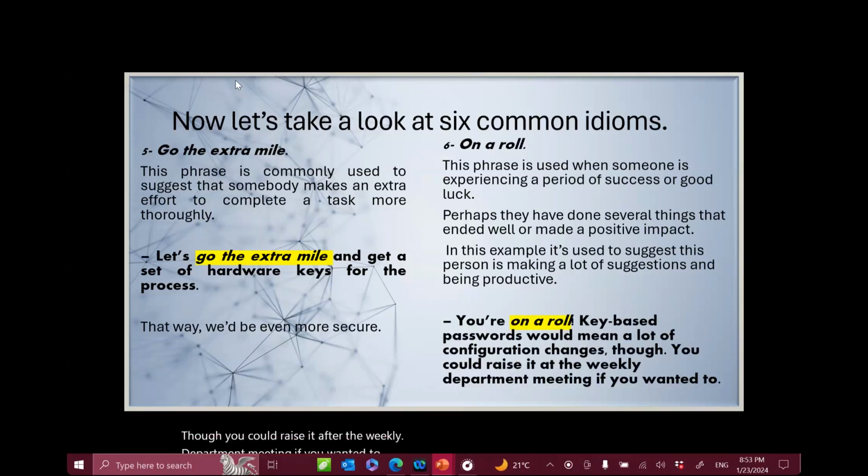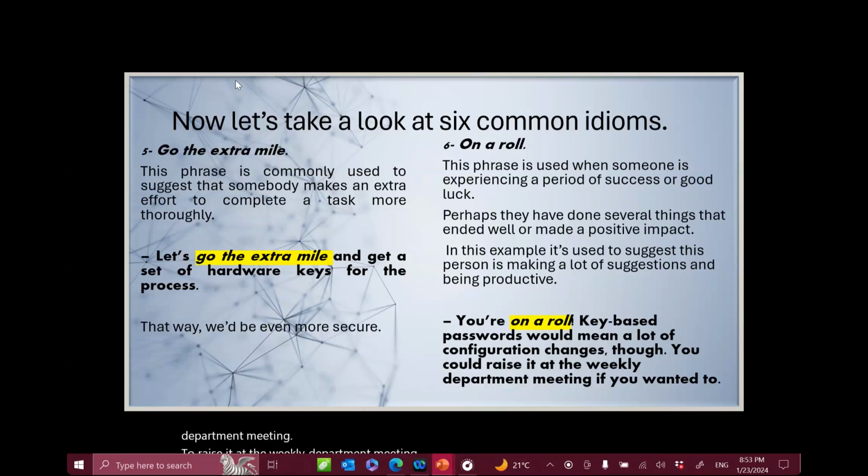Okay, this means that what he's doing nowadays is highlighted because he is a successful person. He's making very good things nowadays. So whatever you suggest will be agreed on. So he has to work on them, to raise it at the weekly department meeting.